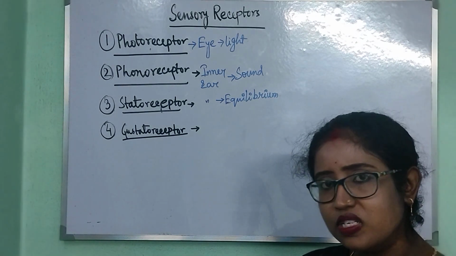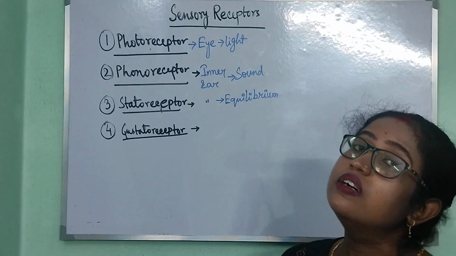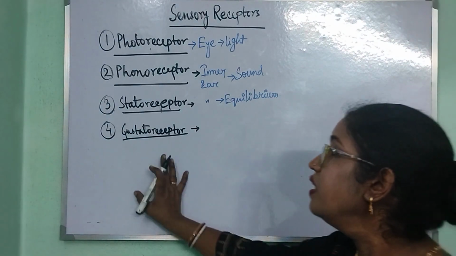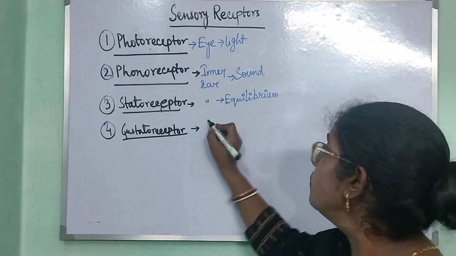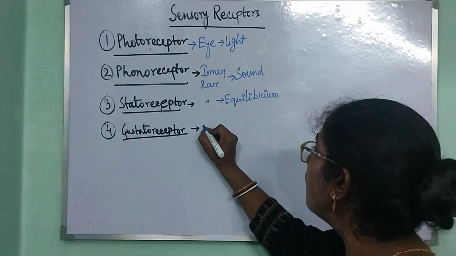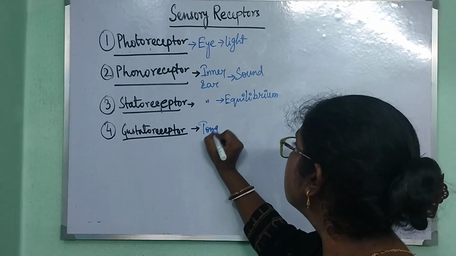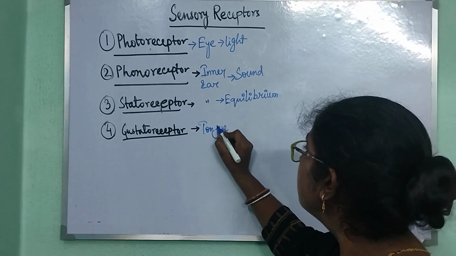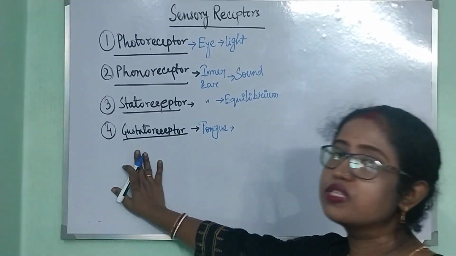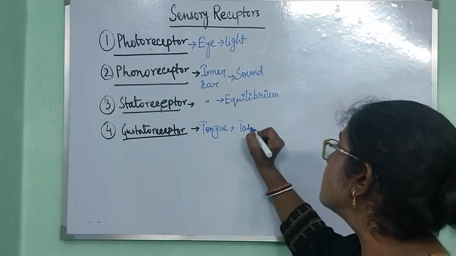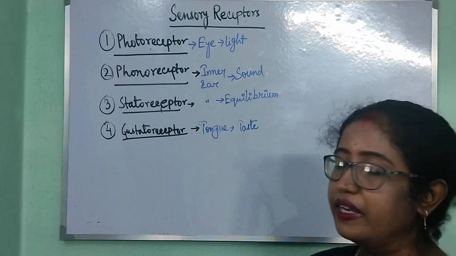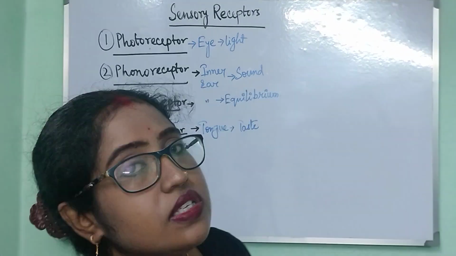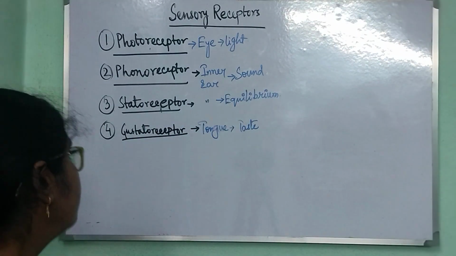We have taste buds in our tongue, and beneath the taste buds and some other parts of the buccal cavity, we have the gustatoreceptors, and this kind of receptor helps to detect the taste of various food materials or items. So gustatoreceptors help to detect taste, and these receptors are situated beneath the taste buds.